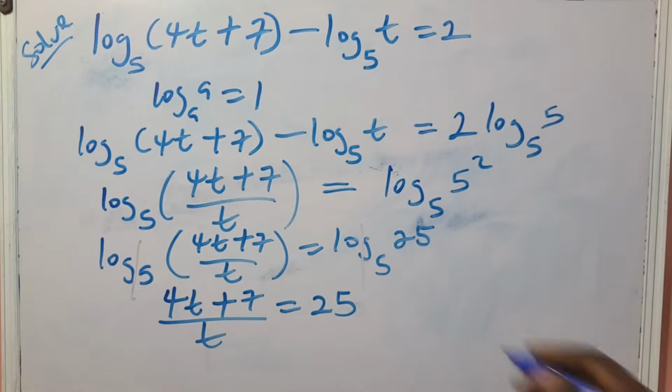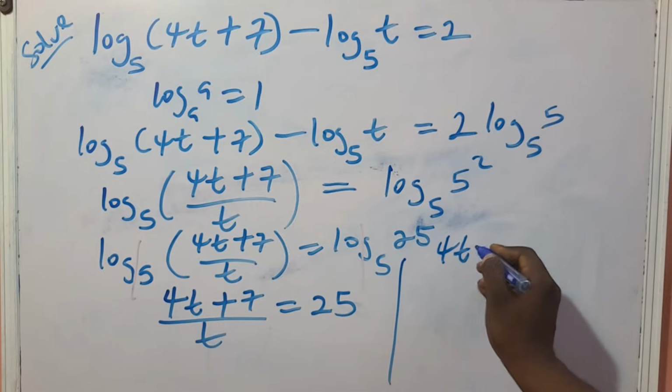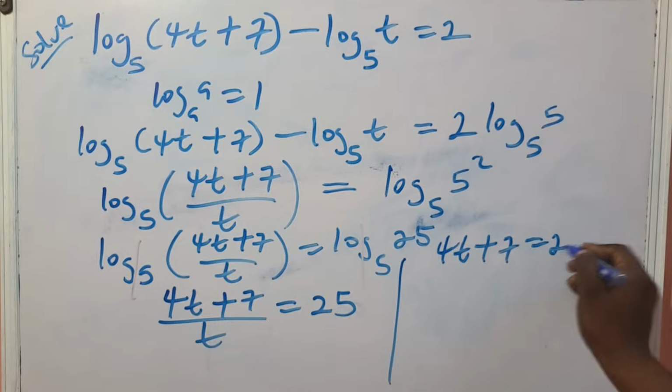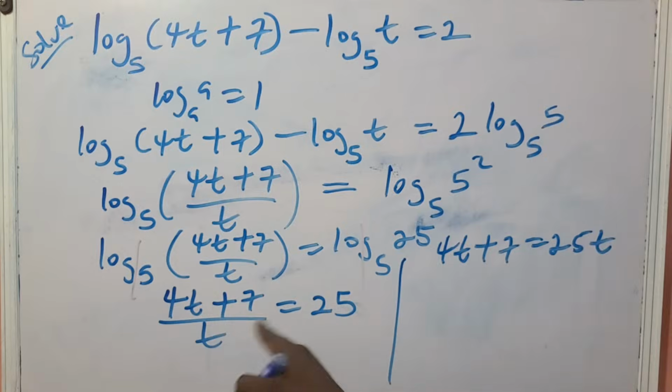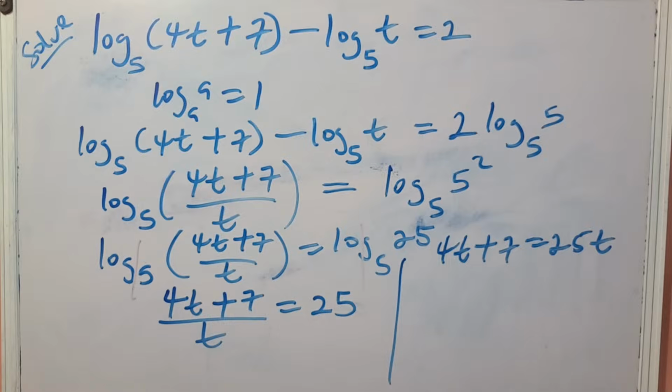So looking at what we have here, I can go on to have 40 plus 7 equals 25t. I'm sure nobody says I've done anything wrong because this is basically cross multiplication that I just did. So I want to collect like terms.